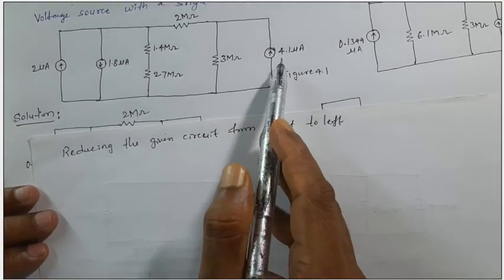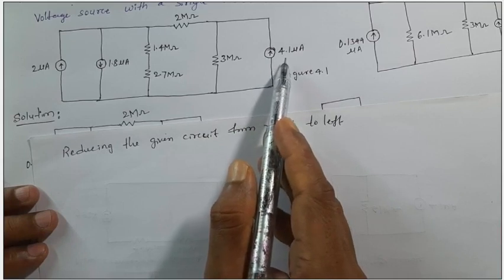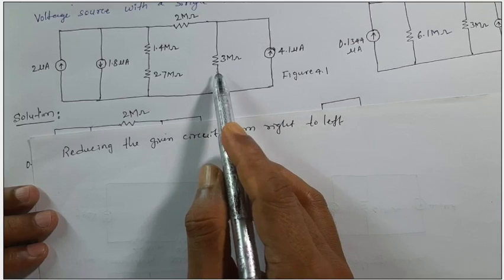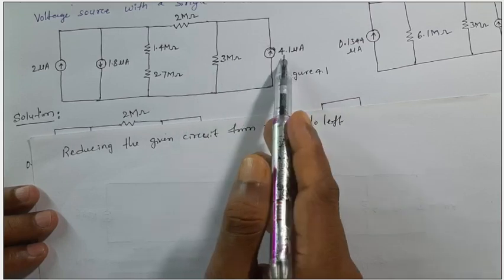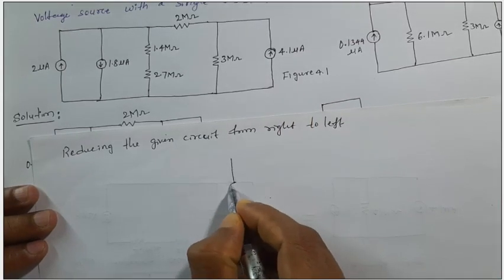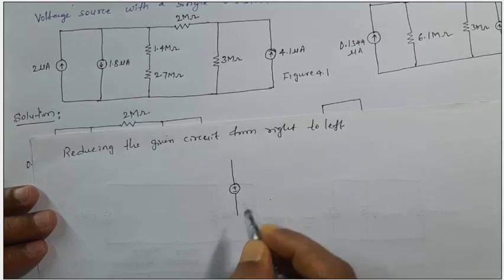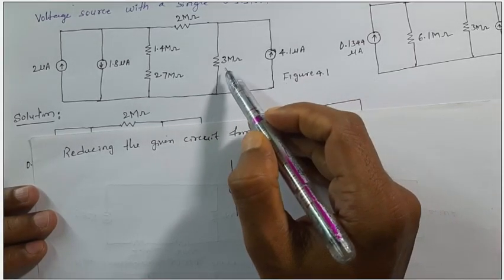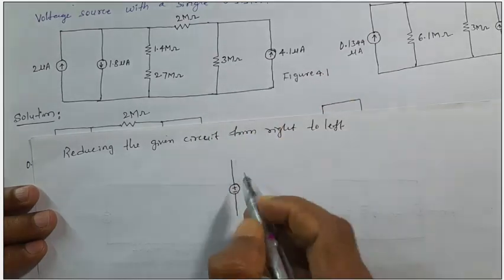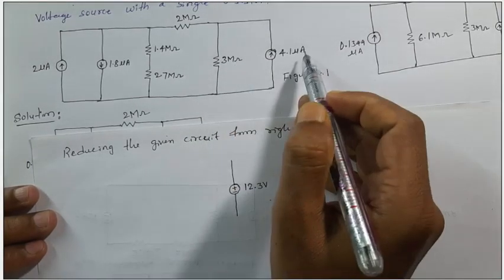Here this 4.1 microampere current source is in parallel with this 3 mega ohm. Obviously we can convert this to an equivalent voltage source, and because the arrow mark is upward, this is plus and this is minus, and 4.1 into 3 is 12.3 volts, because micro and mega will get cancelled.